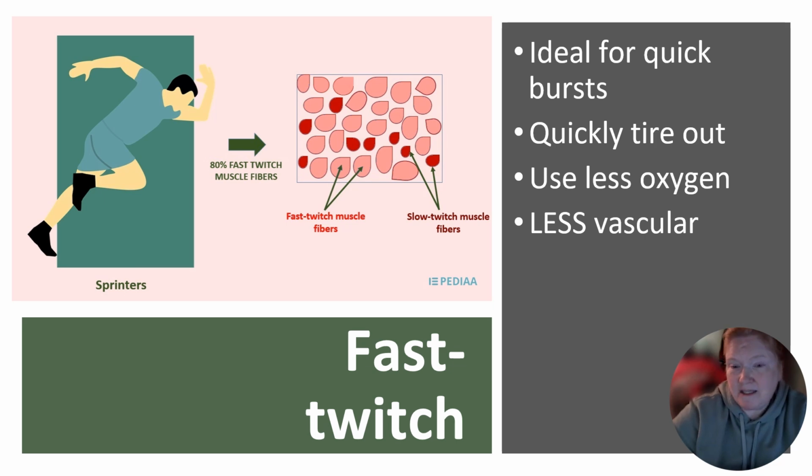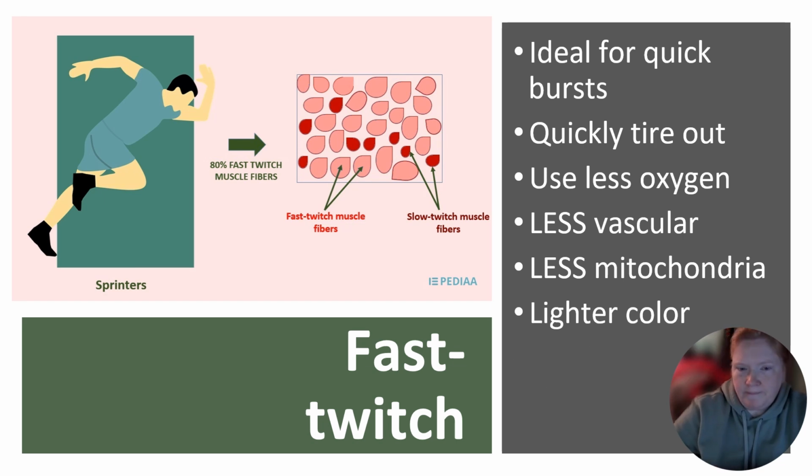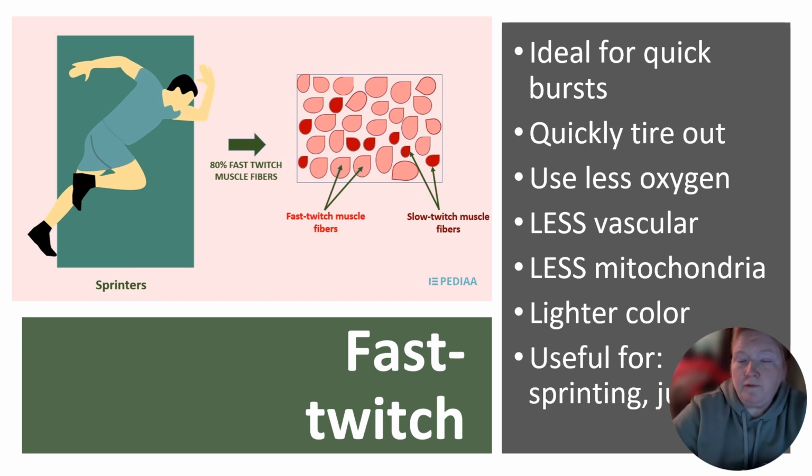They're less vascular. So those two tie together. Think about it. Less blood vessels use less oxygen. The cells themselves have less mitochondria and they appear lighter in color. So it's useful for sprinting, for jumping, for things that require quick bursts of energy.